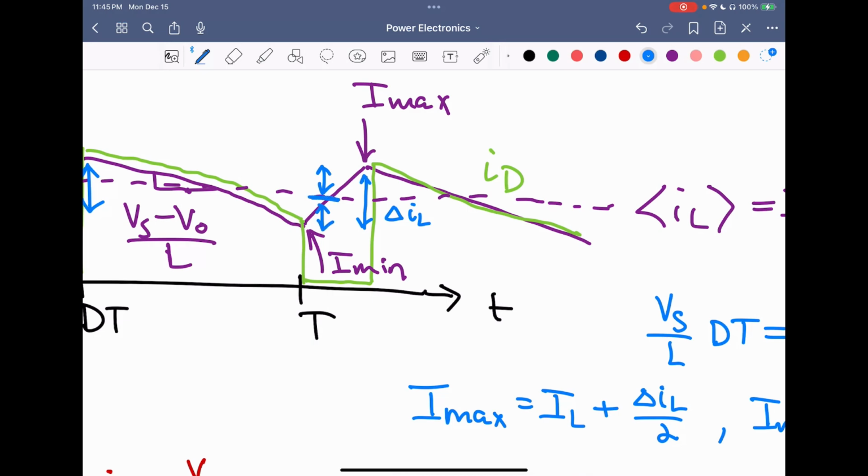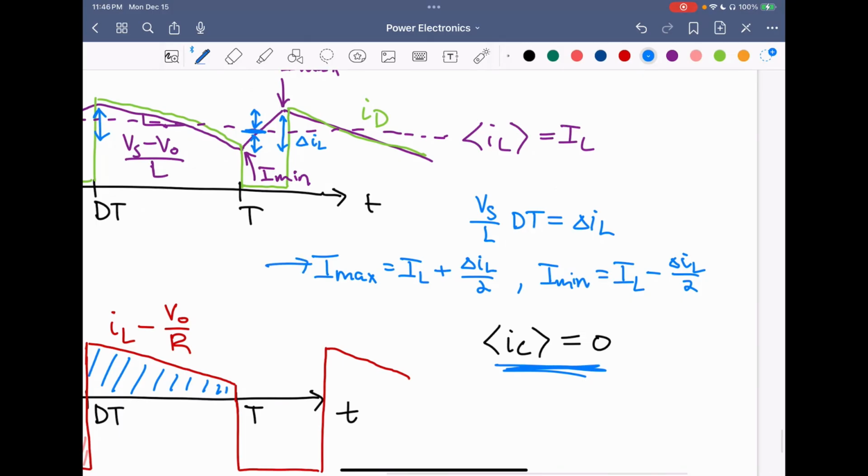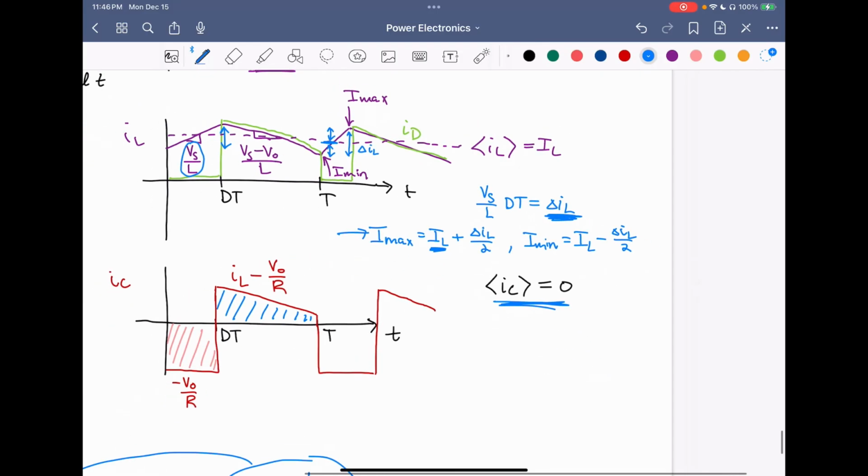So we know this DC component, so we can just add and subtract the delta ILs to get our min and max. In these two expressions, we can plug in the expressions for IL and delta IL, and we can get an expression with our various parameters for I max and I min.